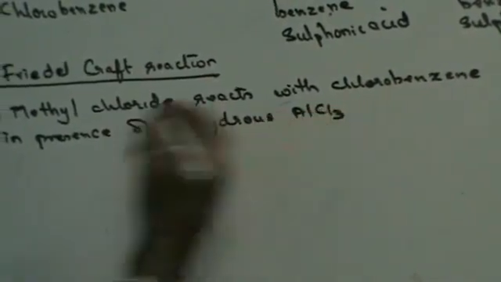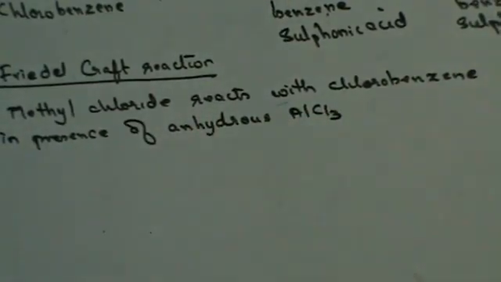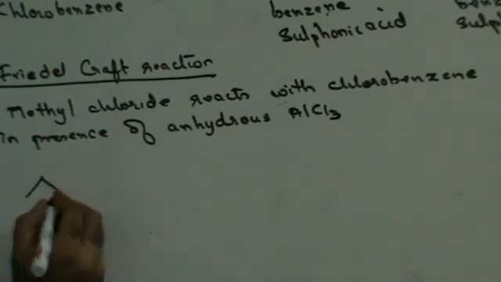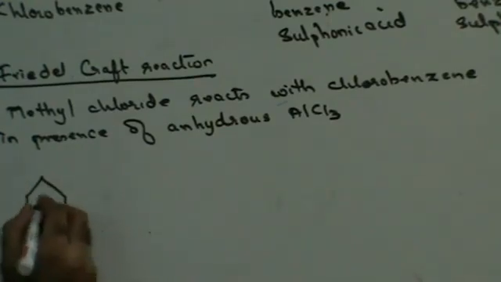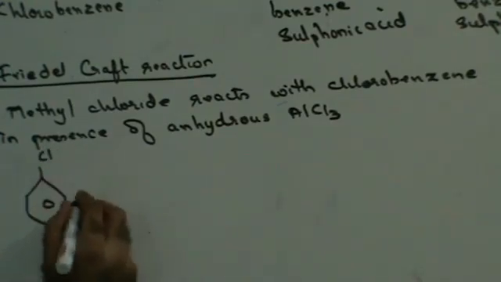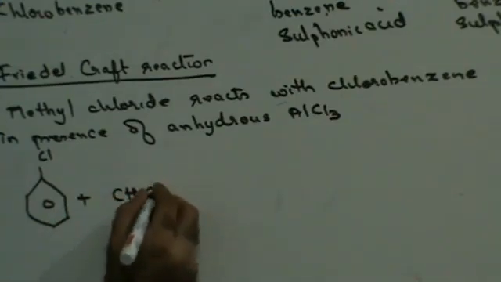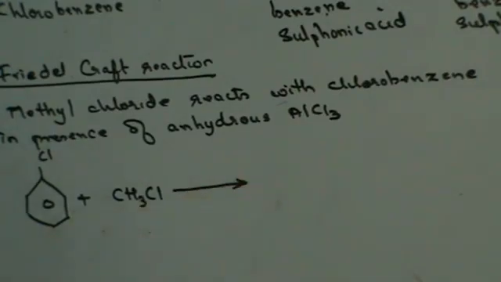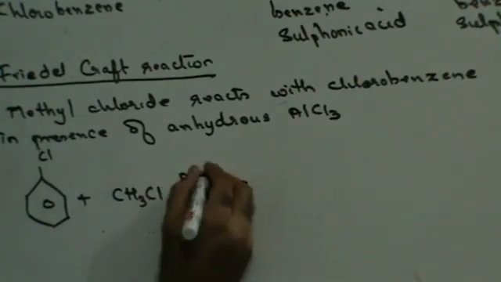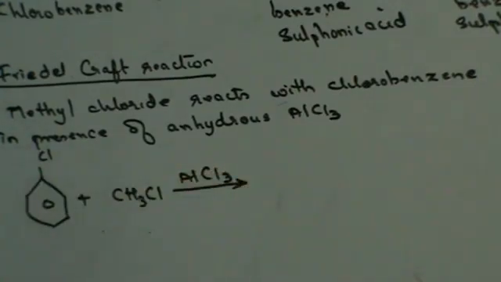Let's see this. Chlorobenzene reacts with methyl chloride in the presence of anhydrous aluminium chloride.